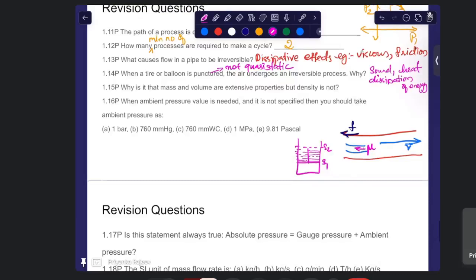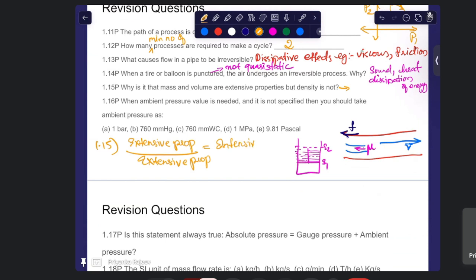Another key concept, a thumb rule: the ratio of two extensive properties will give you an intensive property.